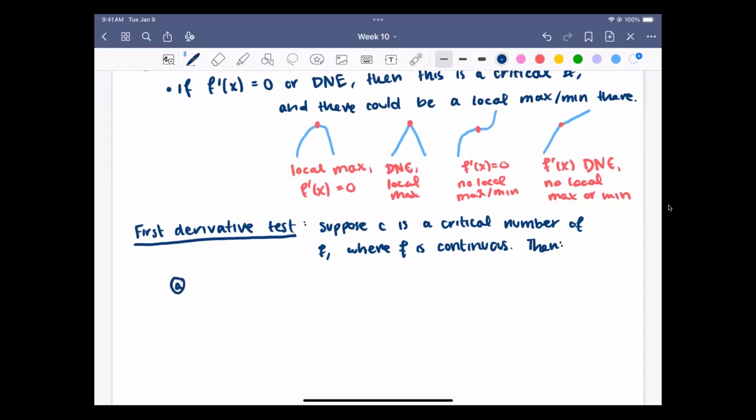Part a says if f prime changes from being positive to negative at c, so you're looking at f prime, and to the left of c it's positive, and to the right of c it's negative, then what should the conclusion be? Just think about this. The derivative changes from being positive to being negative at a point. What can we say about the point?